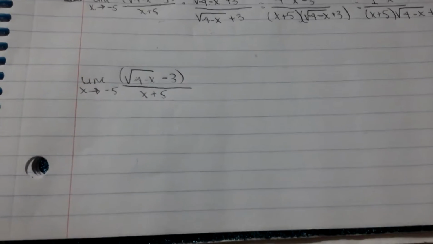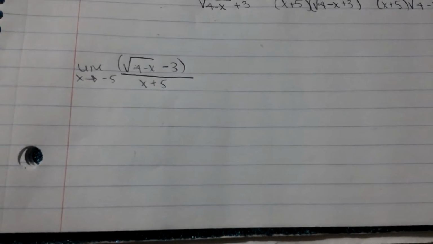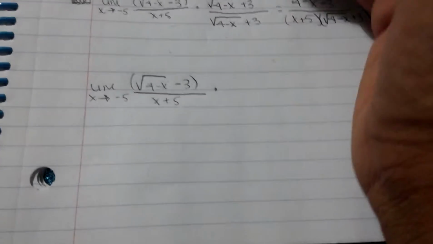Okay, so the next problem that I'm going to do says: the limit of the square root of 4 minus x, minus 3, all over x plus 5, as x goes to negative 5. So the first step that we want to do is multiply the top and the bottom by the conjugate of the numerator, changing the sign of this negative 3.